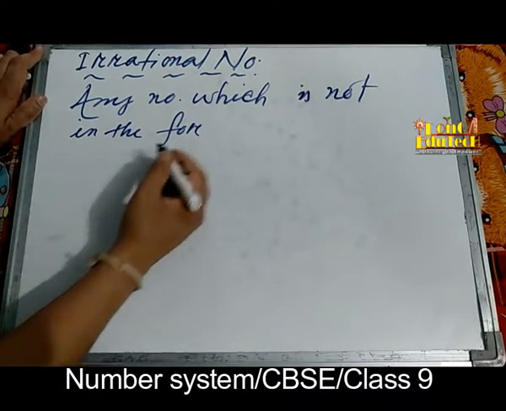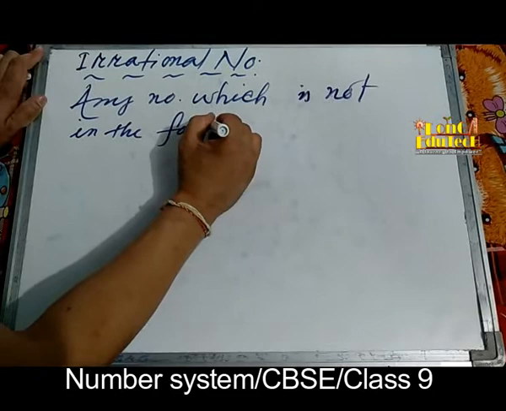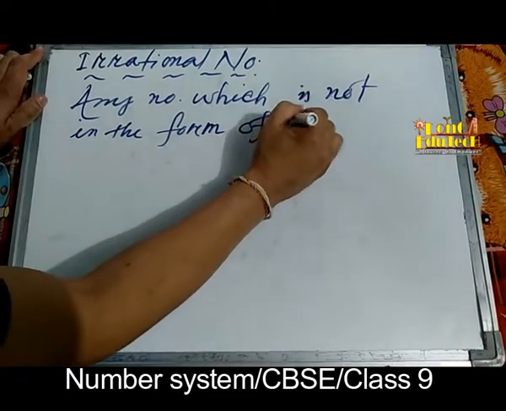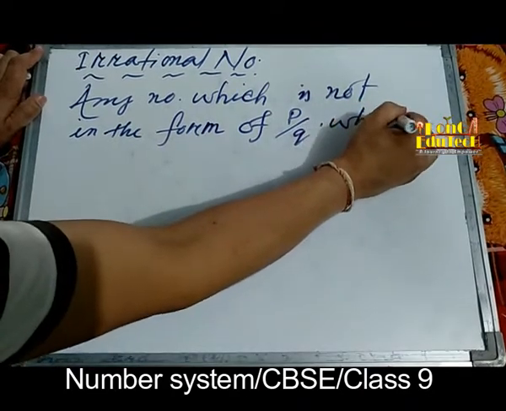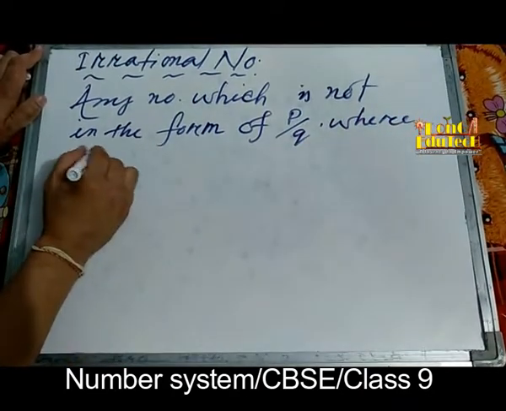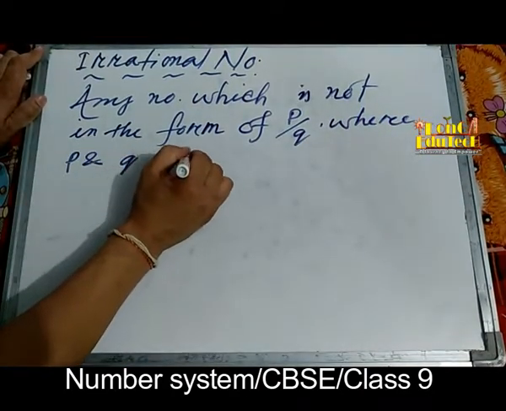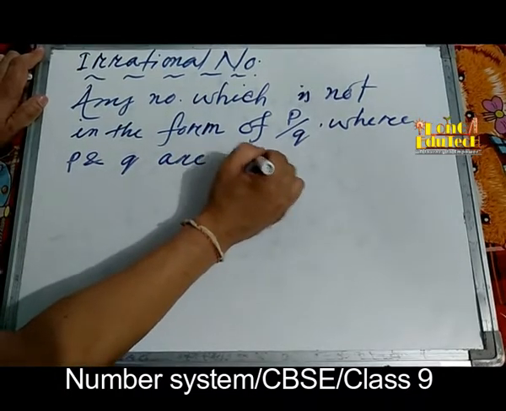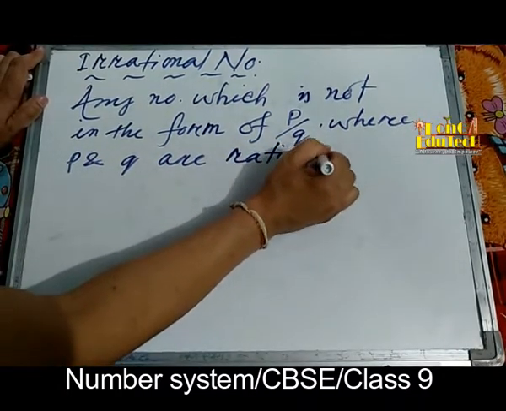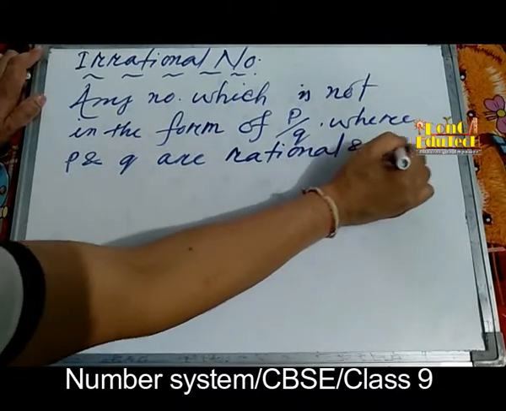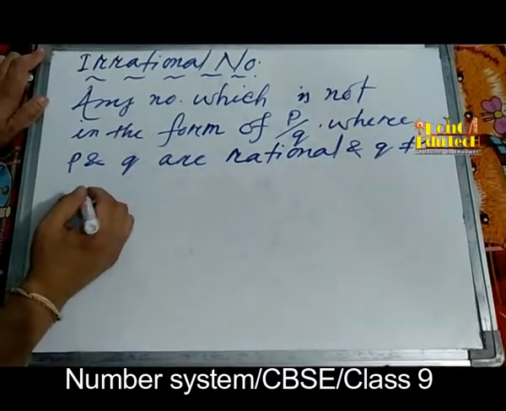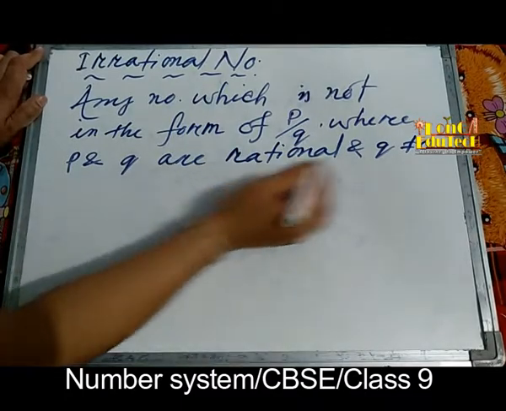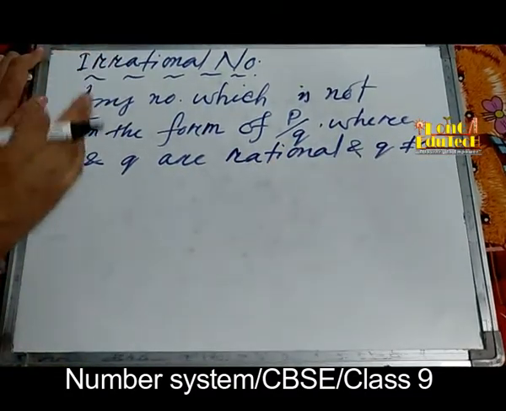Any number which is not in the form of P by Q is called an irrational number.